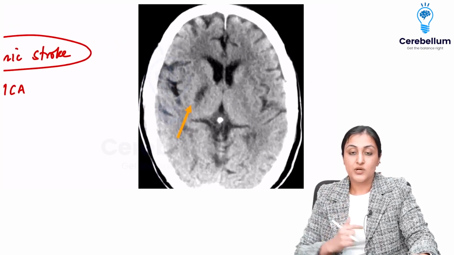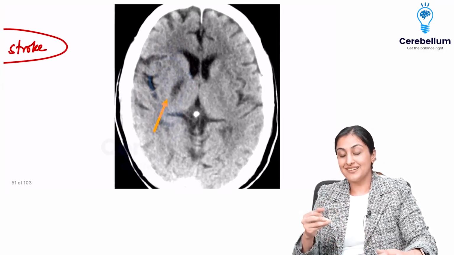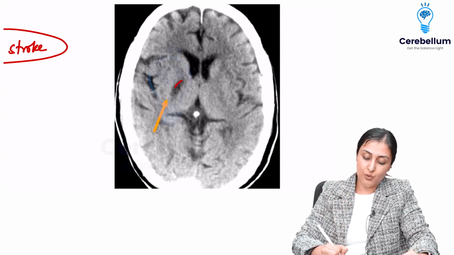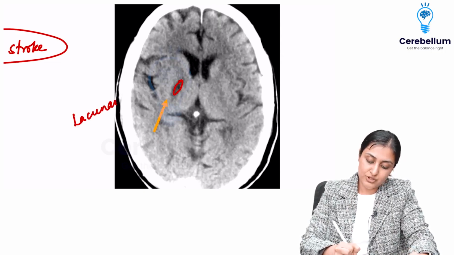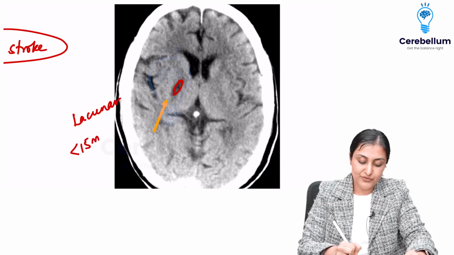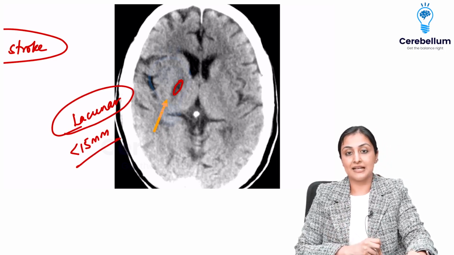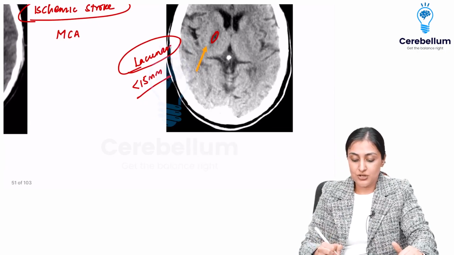On the other hand, what is this now? So this is also an ischemic stroke, now involving the gangliocapsular location again. But this is a very small volume stroke. Such a small volume stroke, definition wise, any stroke less than 15 mm in diameter, particularly involving the basal ganglia, is called a lacunar stroke. Remember the Charcot's artery?